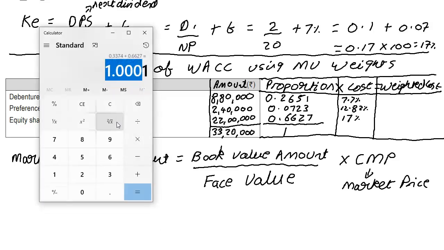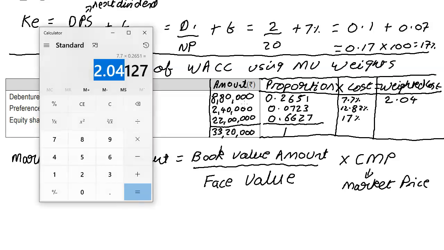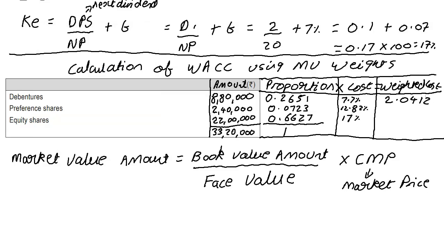And from the first one, we have 7.7 into 0.2651, which gives us 2.04, which is good enough. Right, so I'm going to write 2.04 over here. If you want to be very careful, you can write up to 4 decimal places and then we can look at it later.